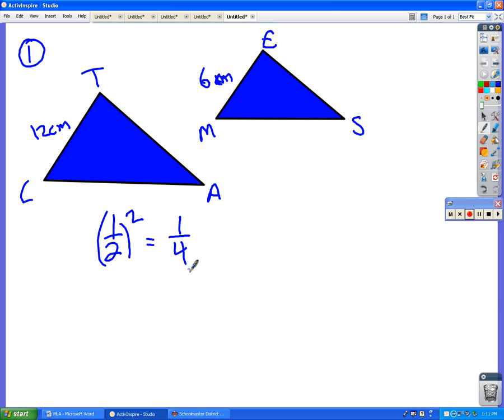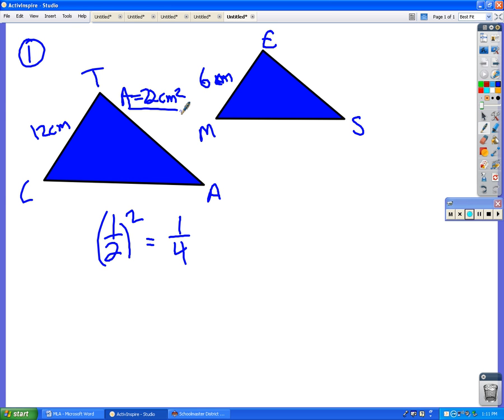So like somebody said, depending on which way you want to look at it, either this triangle has an area that's 4 times that one, or you could think that this triangle, which is smaller, has an area that is 1/4 of that one. Does that make sense? Okay, so now we just have to use the other piece of information that they gave us, which is that this triangle right here has an area of 72 square centimeters.